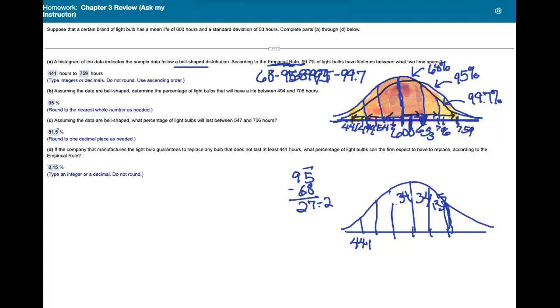So 0.3 divided by 2, this little block area right here is going to be 0.15%. So that's where we get this answer of 0.15%. I hope this helps.